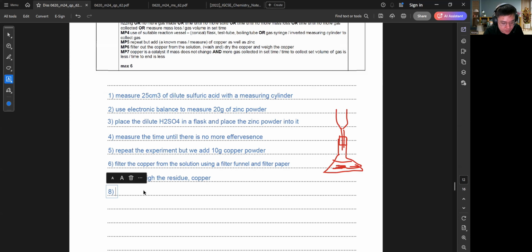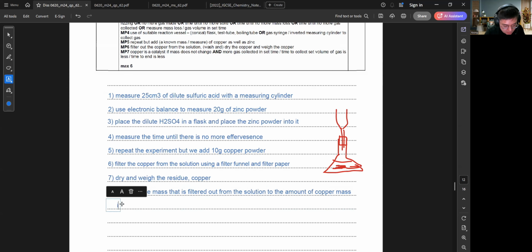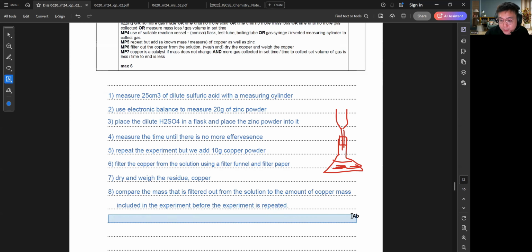Okay, the best experiment wording is: compare the mass of copper that is filtered out from the solution to the mass of copper included before the experiment is repeated, which is the second time that you do it.